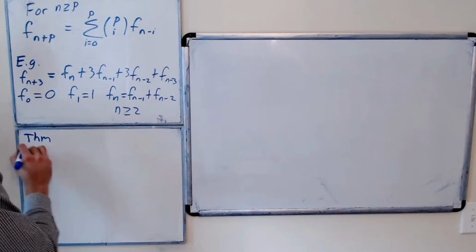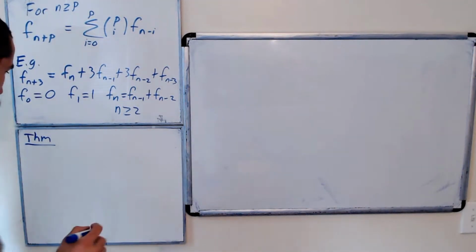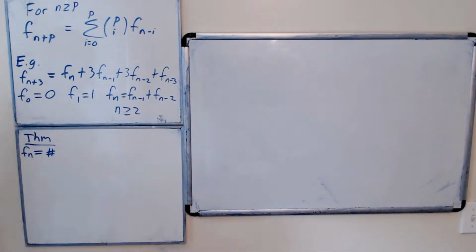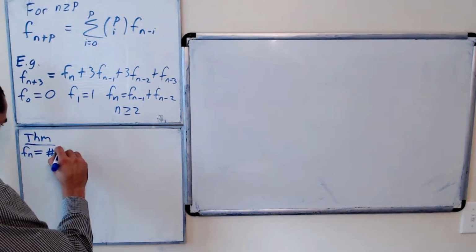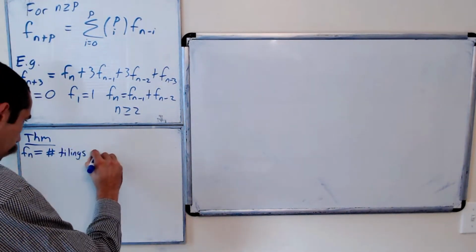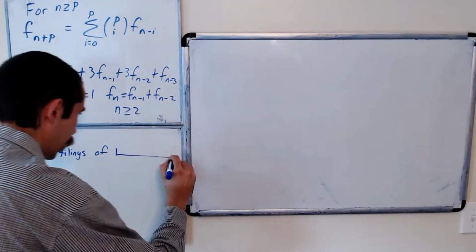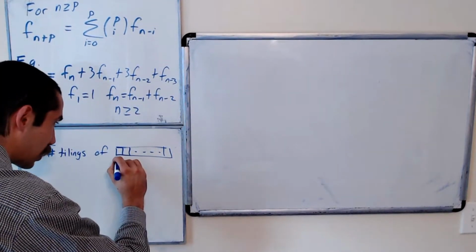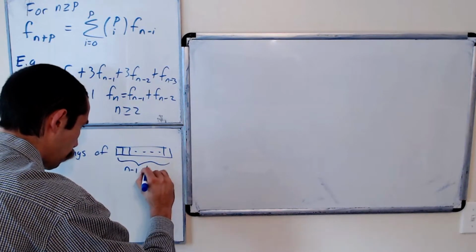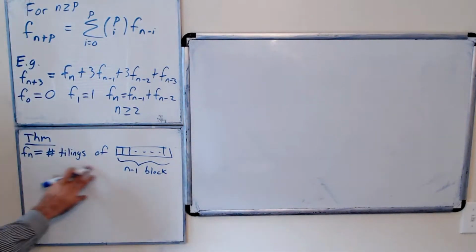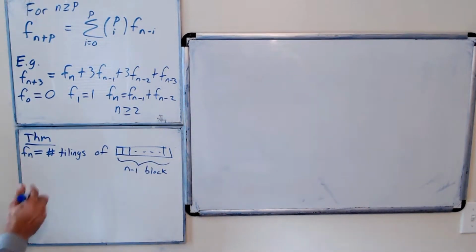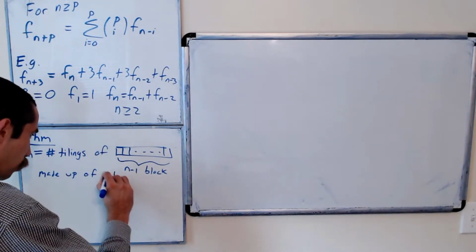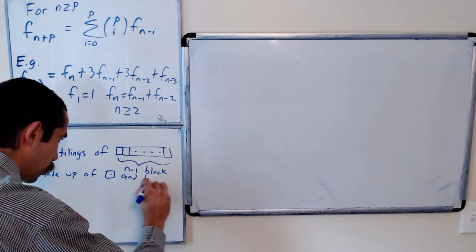So a theorem that's not too hard to prove is that fn is equal to the number of tilings of n minus 1 blocks made up of monominos and dominoes.